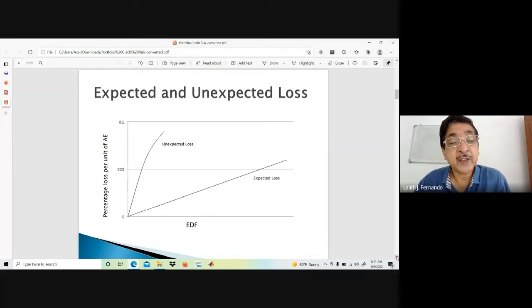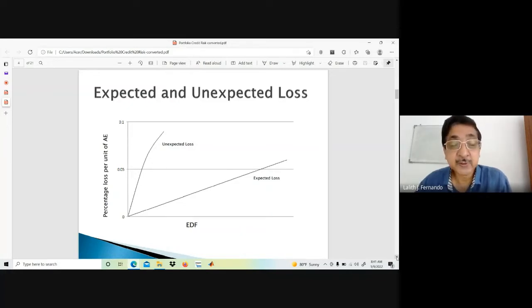But if you go to the unexpected loss curve, there you find that the unexpected loss increases exponentially. When you have a small increase in EDF, you have a very big increase in the percentage loss.